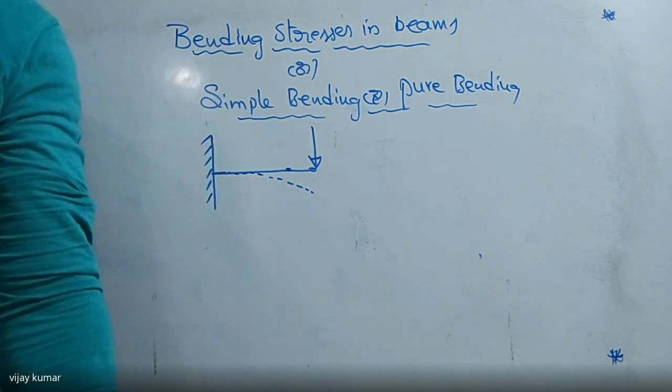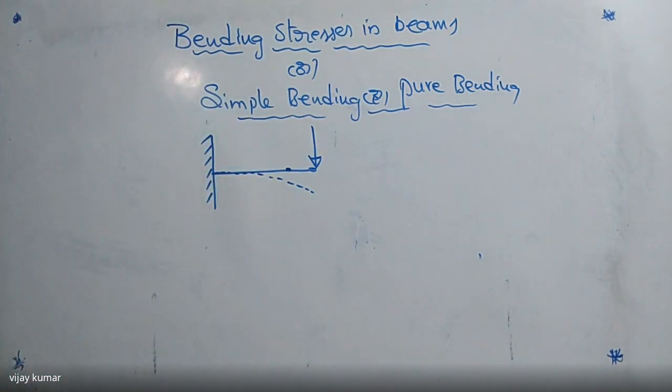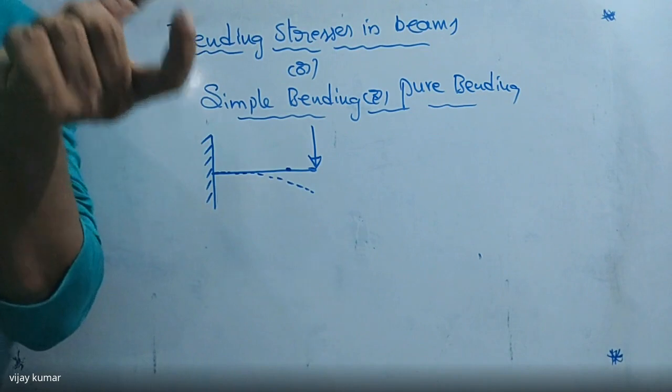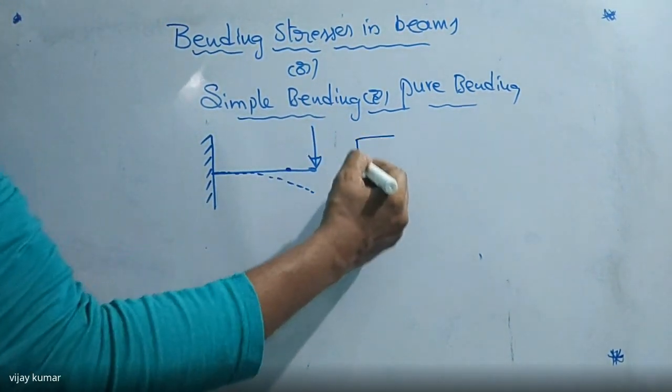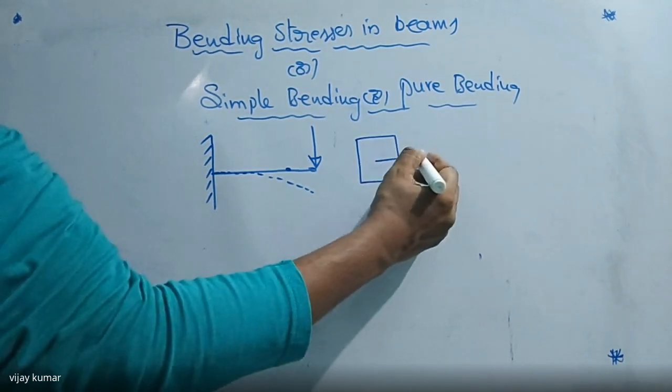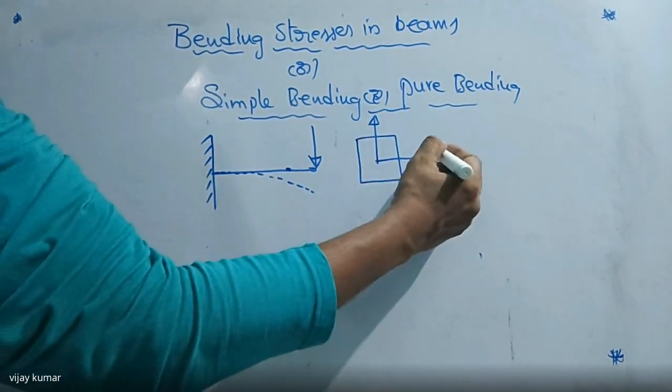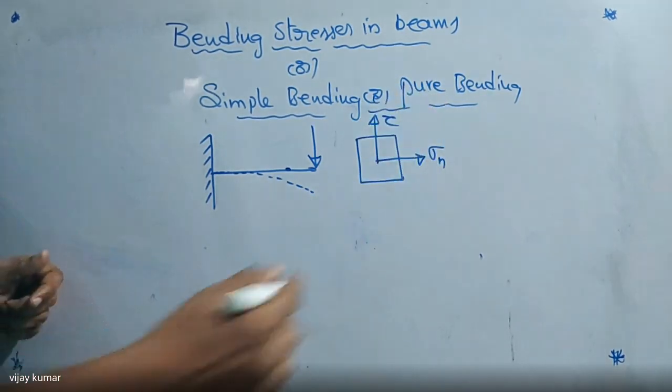I told you this in principal stresses and strain. One is normal stress and one is shear stress. One is perpendicular to the plane and one is parallel. This one is normal stress, this one is shear stress.